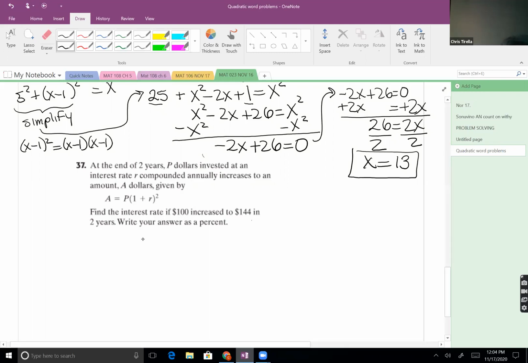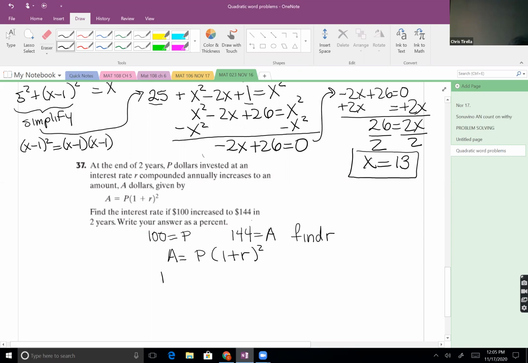So that $100 is what we're investing, so that's P. That 144 is what we get in the end, so that's A. And we want to find R. We know that A is equal to P times (1 plus R) squared.